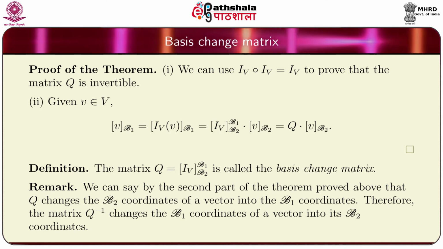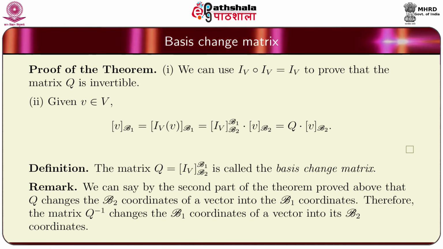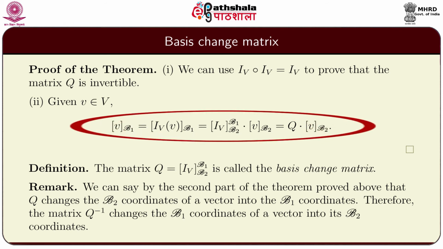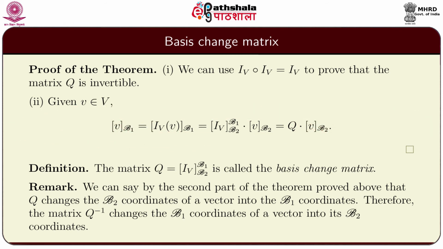For the second part, if small v is a vector in V, then the coordinate vector for v with respect to the basis B1, that is [v]_B1, is nothing but I_V of v with respect to B1, and this can be written as the product of [I_V] with respect to B2, B1 and [v]_B2. So, [I_V]_B2,B1 is the matrix representation of the identity operator with respect to B2 and B1, and [v]_B2 is the coordinate vector.